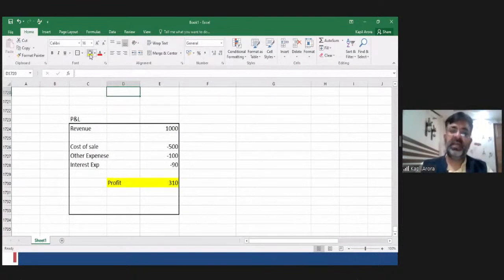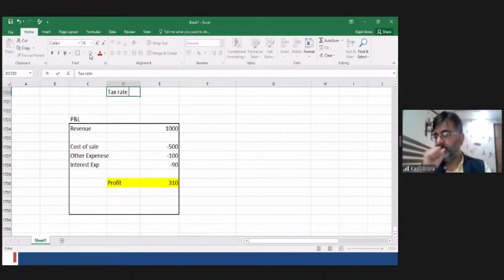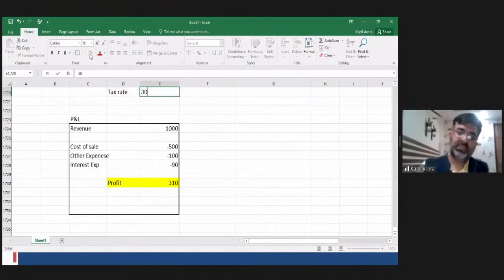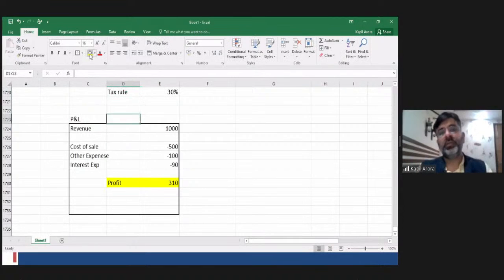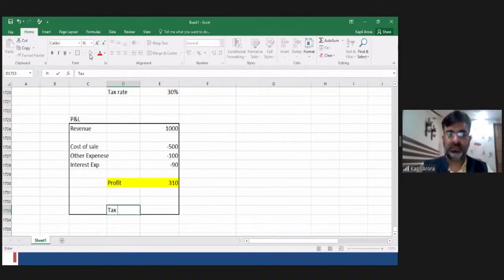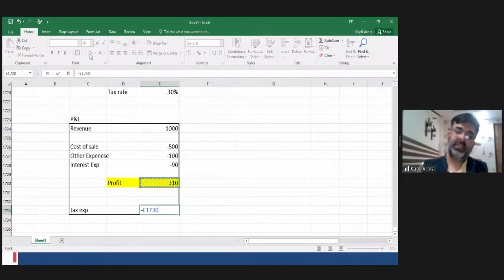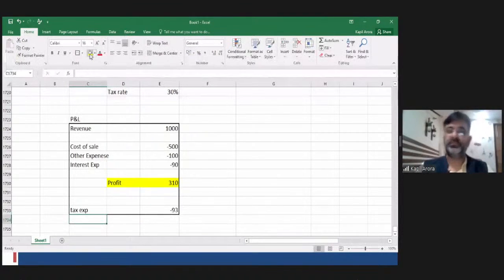Now, if we have a tax rate of 30%, what would be my tax expense for this? The tax expense would be 310 into 30%, 93. I hope this is pretty simple.